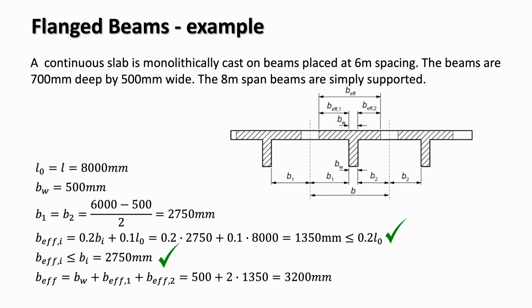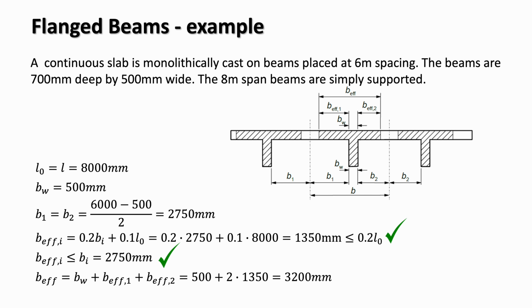We then need to look at b_eff,1 and b_eff,2. In this case, it is 0.2 times b_i, so B1 or B2, which we calculated, plus 0.1 L0. We have all of these, and we can find that that works out as 1,350 millimeters.